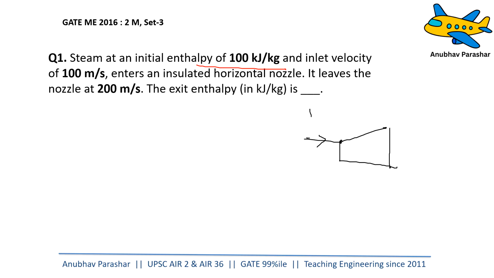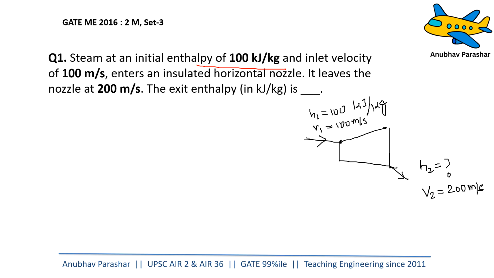What are the properties? H1 is equal to 100. You can see the unit is kilojoule per kg, a specific property. And the initial velocity V1 is equal to 100 meter per second. And at the exit, H2 is not given. We need to find the exit enthalpy. However, the velocity V2 is given to be 200 meter per second.